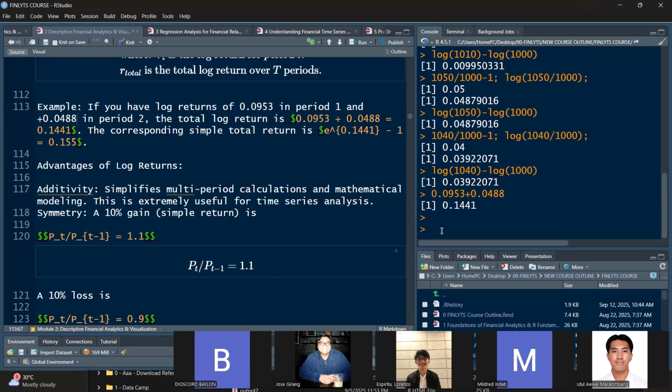Now, if you want to convert the log returns into simple returns, this is what you do, class. Let me write the formula. I leave you, class, to do the LaTeX for that.